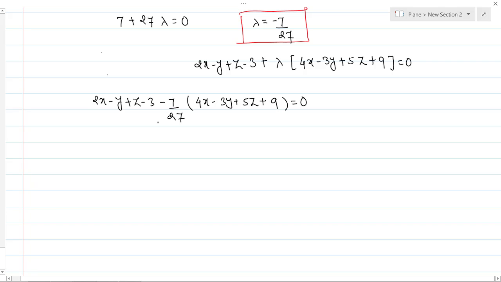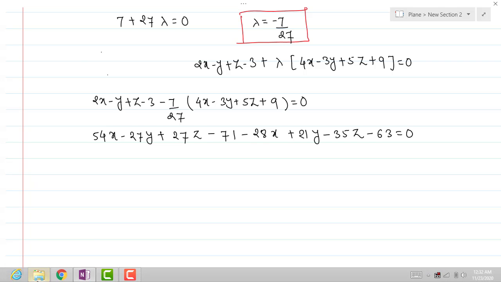Okay, so let's multiply both sides by 27. You will have 27 into 2, which is 54x minus 27y plus 27z minus 81, minus 28x plus 21y minus 35z minus 63 equals 0. Okay, perfect.